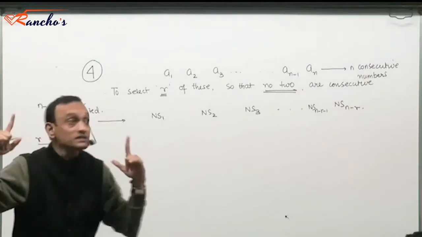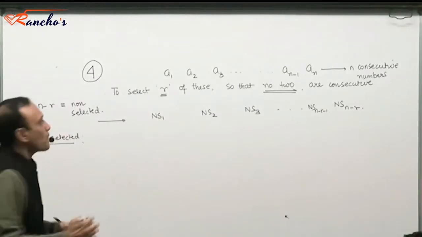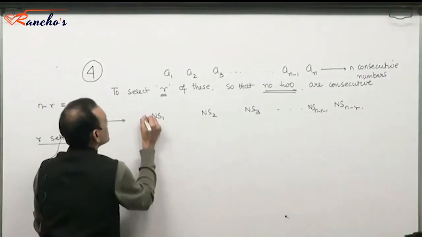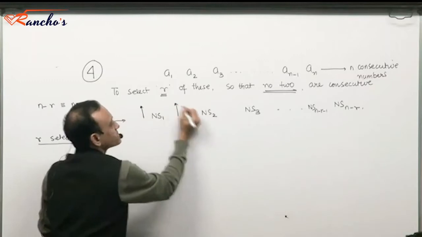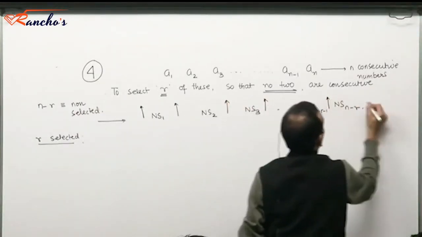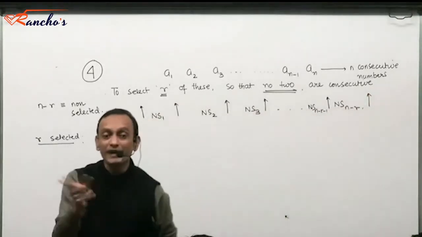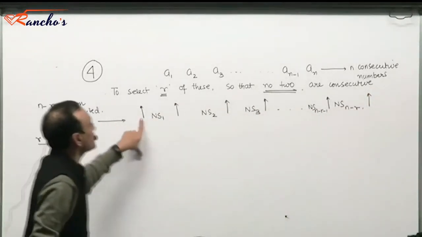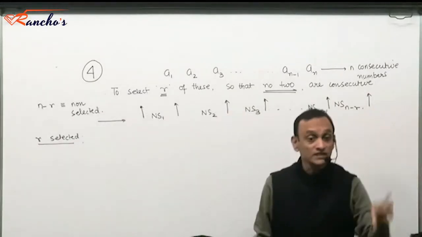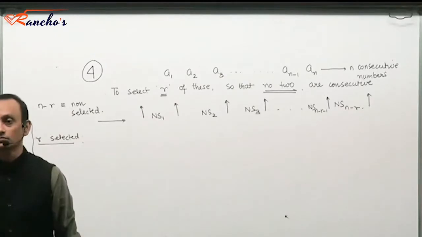That means the ones that are selected must belong to these spaces. These are permissible spaces. These arrows represent permissible spaces for the ones to be selected, because if the selected lie in these spaces, then no two selected would be consecutive. Yes or no?